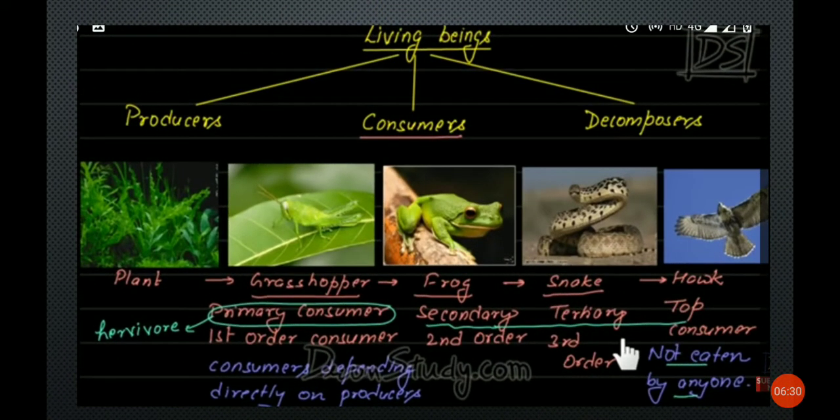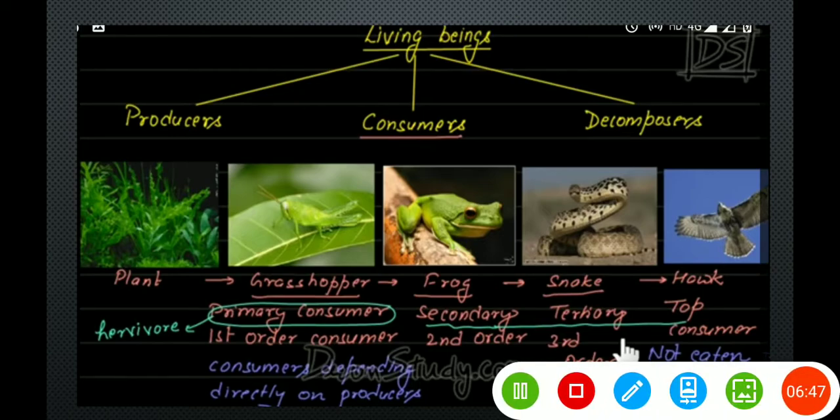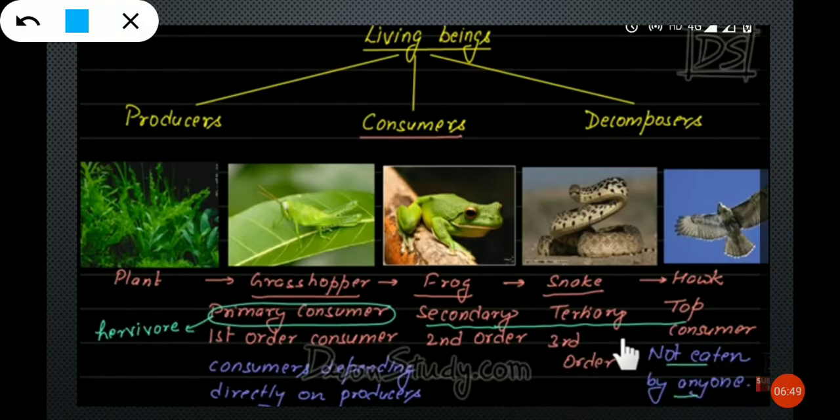See here, for the plants we have already given the name producer. Very good. And one more thing, as you can see, there are more consumers, right? This is also a consumer, this is also a consumer, and this is also a consumer. So that is the reason we are naming it: this is first, this is second, this is third, and this is fourth.